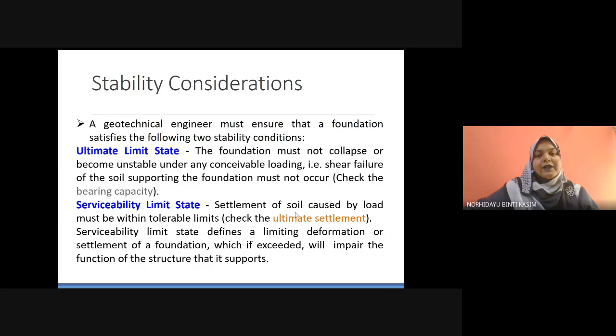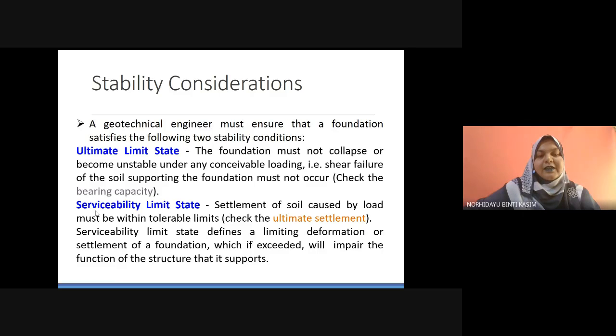When you design your foundation, you have to check the stability condition. You have to check the ultimate limit state and the serviceability limit state. So what is the difference between these two?